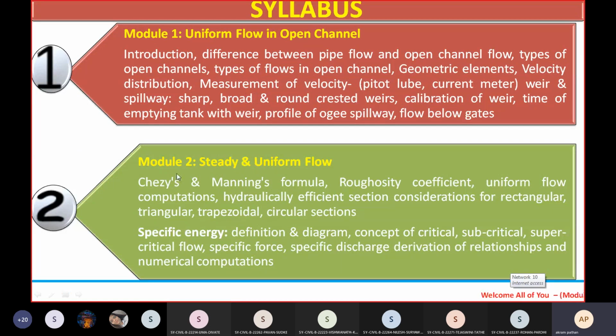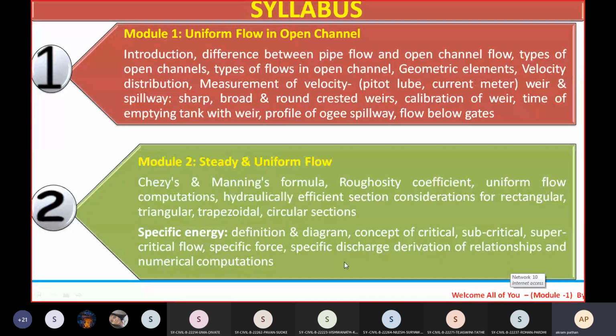And from module 2 we have covered Chezy's and Manning's formula for designing of the channel. Then we also covered uniform flow, the most economical rectangular, triangular, trapezoidal and circular sections, and we also solved the problems. In the last two lectures we covered specific energy, definition and diagram, then the concept of critical, subcritical and supercritical flow.